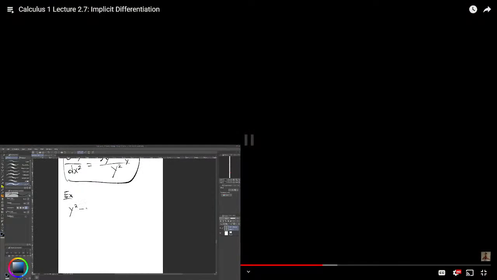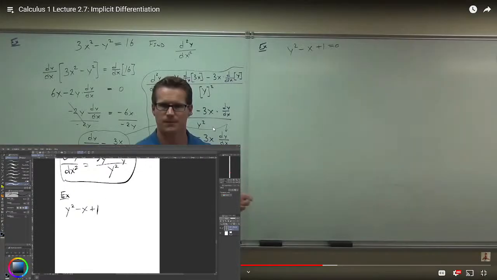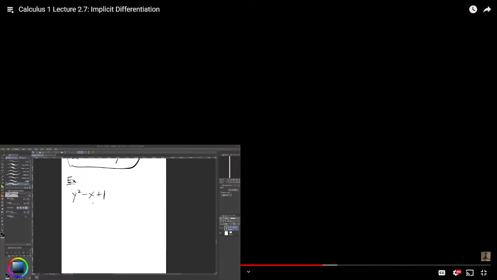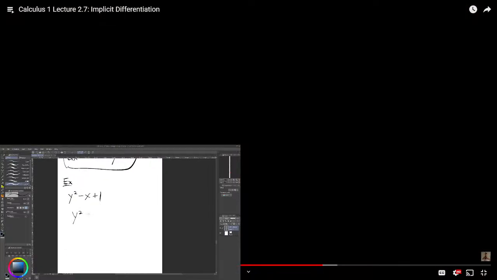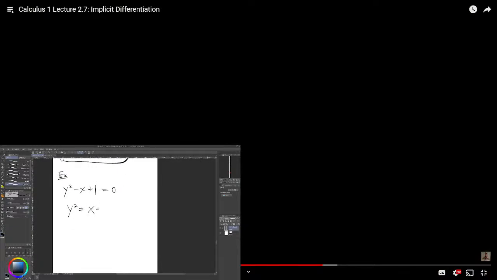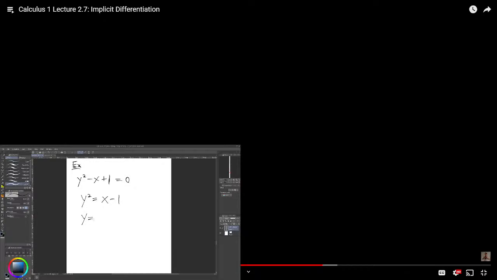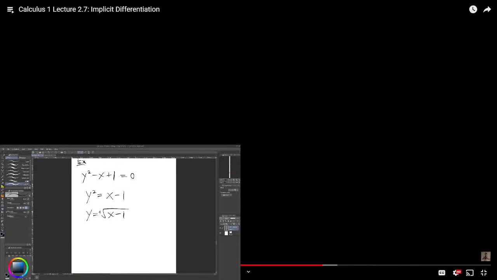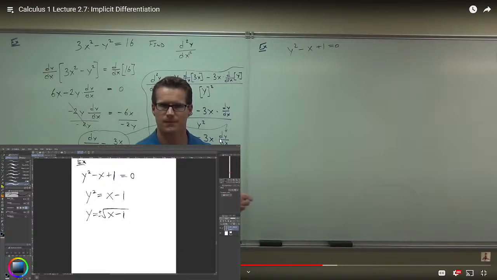Wait a minute. Slope of that curve at two different points.